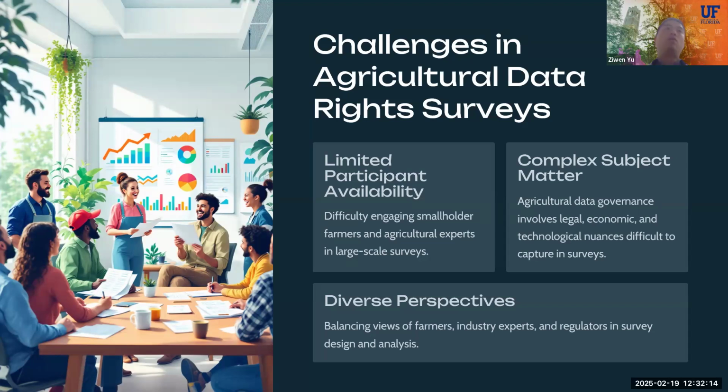Two is that it's very hard to obtain sufficient participants for our study. We only got a 15% response rate from the survey we did in 2022. And as we found in previous conversations with different stakeholders, there are very diverse perspectives among them, especially from some marginal groups.